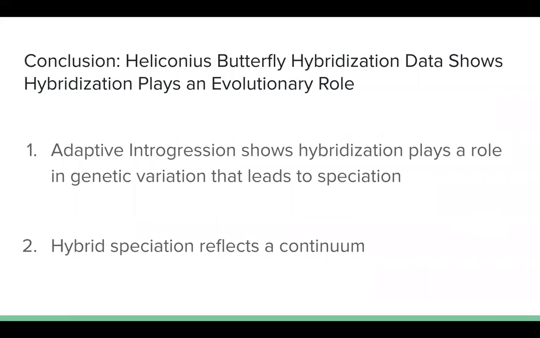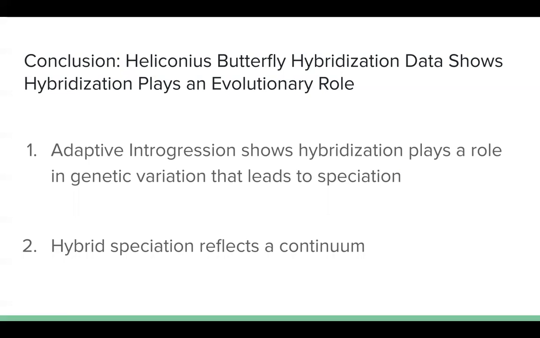And so we see first that, in conclusion, adaptive introgression shown in these Heliconius butterflies shows that hybridization does play a role in creating that genetic variation that leads to speciation.